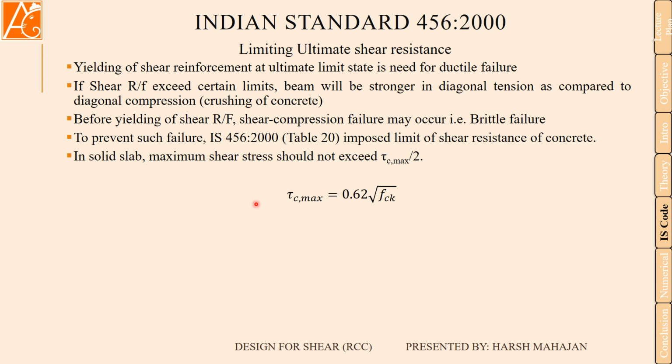Then the beam will be very strong in diagonal tension. When the beam is very strong in diagonal tension in comparison with diagonal compression, if the shear exceeds a certain level, the diagonal compression will crush the concrete, and hence there will be a shear compression failure, which is brittle. We want to avoid this, hence we limit the shear resistance of the concrete by this formula.